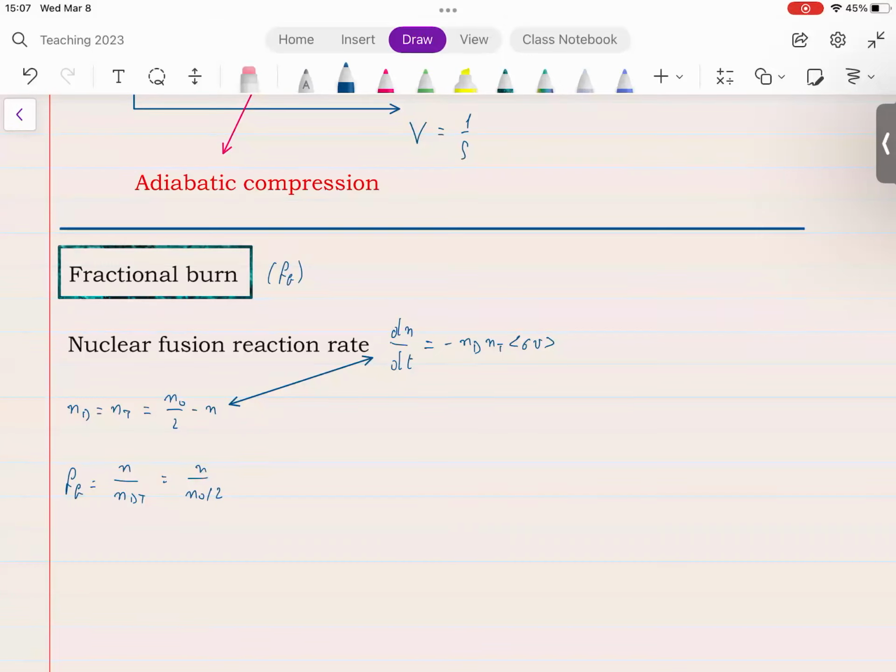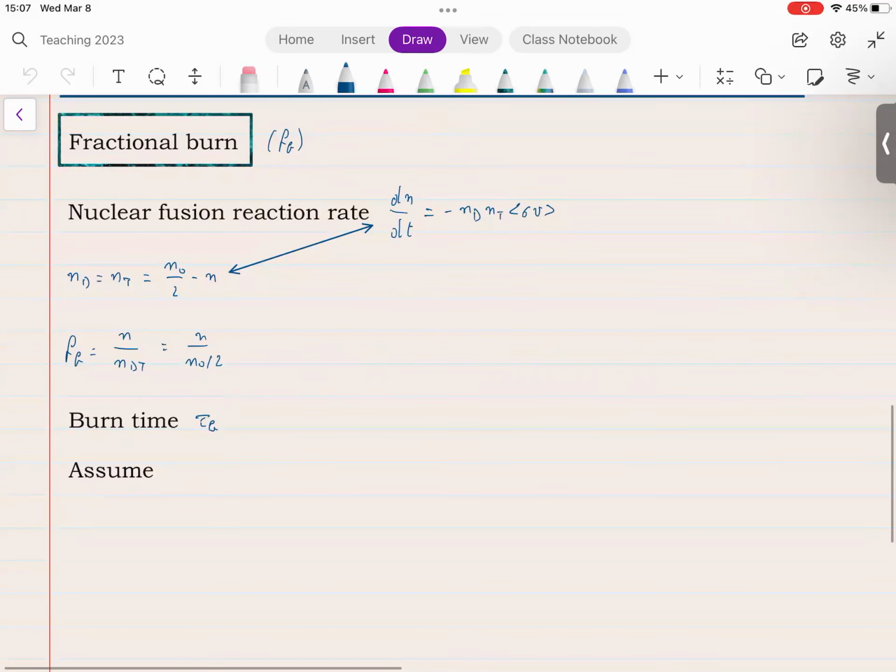Let's call it the burn time, tau sub B. And then I'm going to assume that sigma V doesn't change.